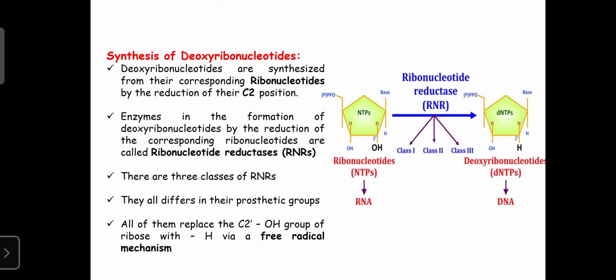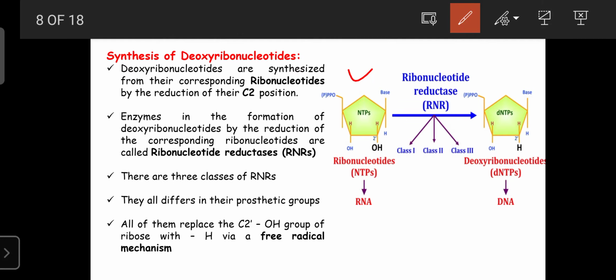deoxyribonucleotides. So the deoxyribonucleotides are also formed from the ribonucleotides. So what are the base pairs required for the RNA synthesis? They are formed by a de novo pathway as well as the salvage pathway.